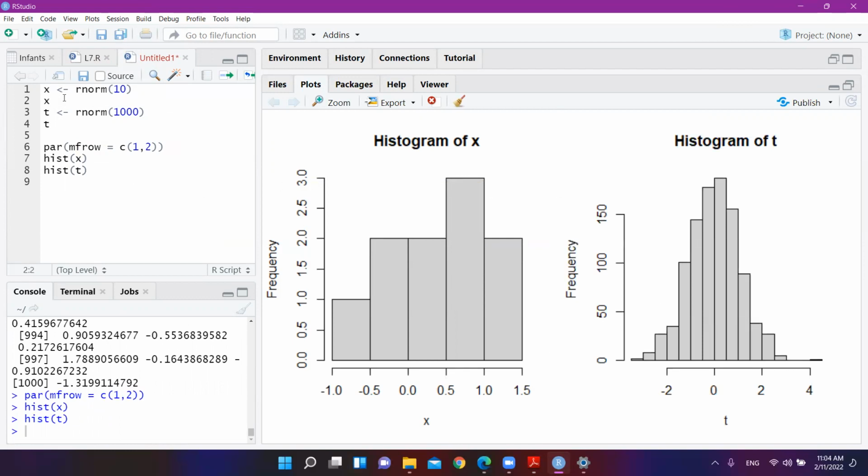Here the sample size is 10, right? Here the sample size is 100. This is just a variable name. It's not a t distribution or anything. See, I got these values from a normal distribution. But can you see any normality from this? No, right? It's sort of a skewed distribution.